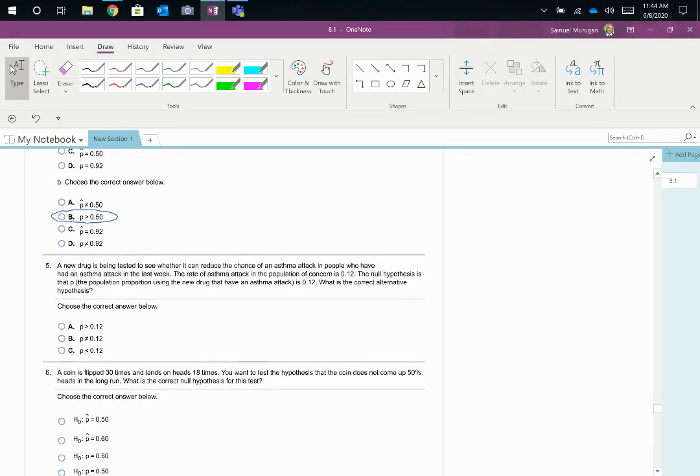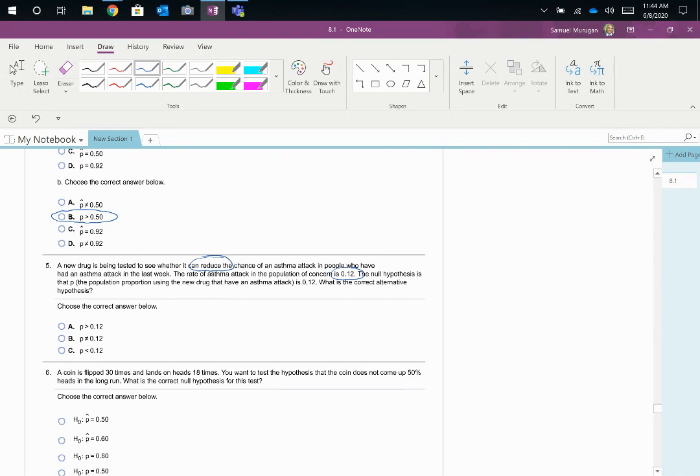A new drug is being tested to see whether it can reduce the chance of an asthma attack in people who had an asthma attack last week. Reduce. The rate of asthma attack in the population is 0.12 or 12%.